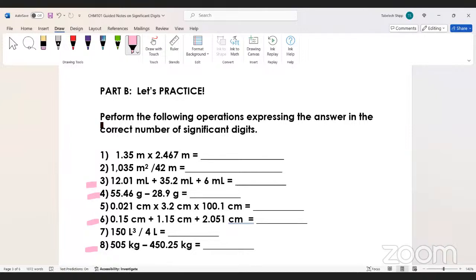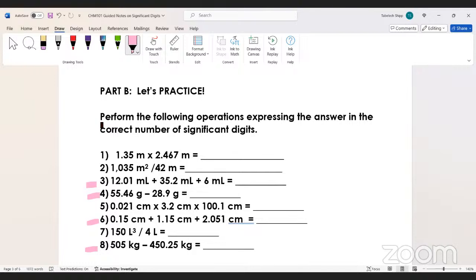Now I'm going to plug up my calculator so you all can see me do this together, so that way you all can tell me the correct answer. I'm going to write what the calculator says versus what you should say for your final answer. Let me zoom out a little so I can show you how I'm writing the answers out. For number 3, we've got 12.01 plus 35.2 plus 6.